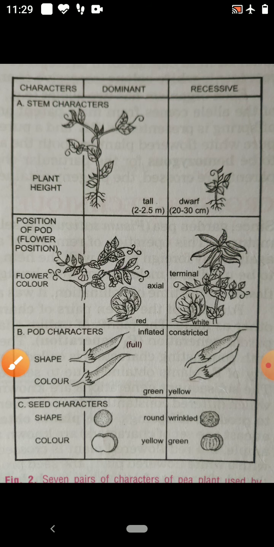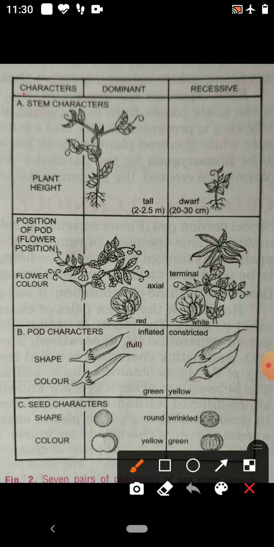If a cross between two parents takes two pairs of contrasting characters, such as shape of the seed and color of seed coat, or shape of the pod and color of pod together, or position of flower and color of flower together, that is called dihybrid cross.